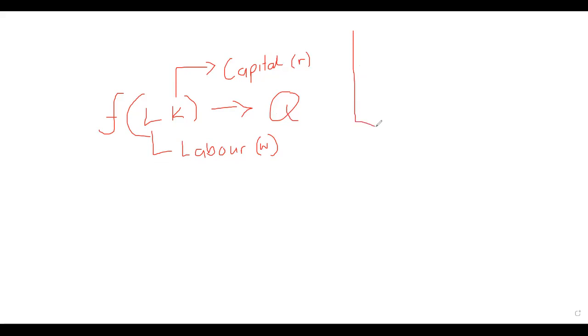So isoquants are simply curves that will offer the same points of output. For instance, here we have labor, and here we have capital. So you may have 12, 12, 12, 12.